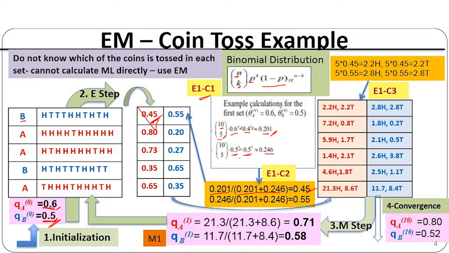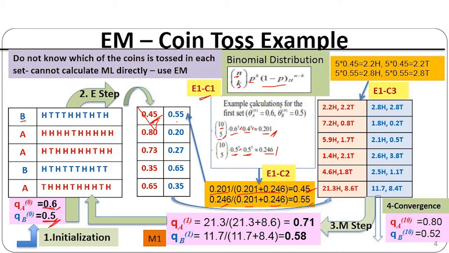Very similar to that for the second event, which is coin B's probability for being a head, which is 0.246 upon the two probabilities, coin A's probability and then coin B's probability, which is again 0.201 plus 0.246. So here we will get 0.55.